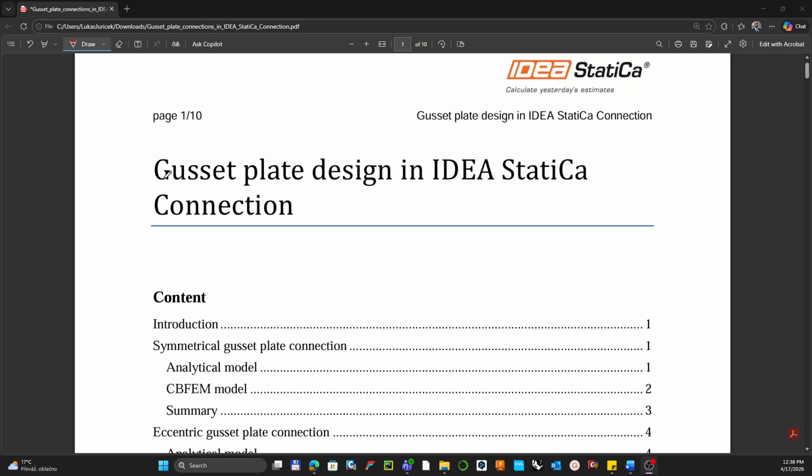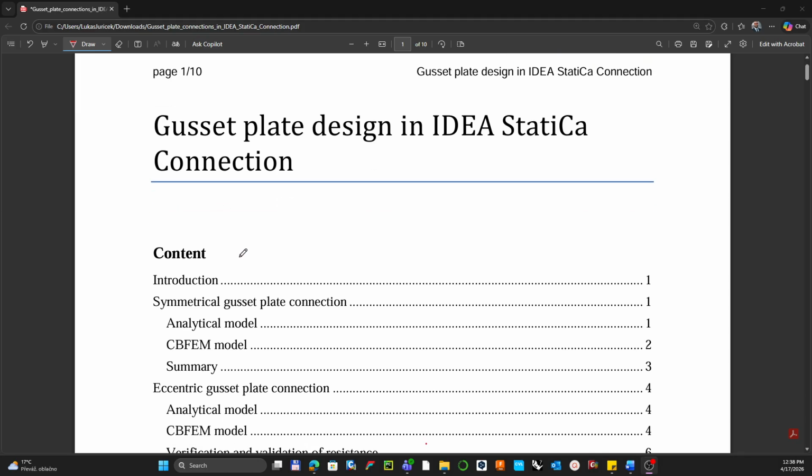Good afternoon. I want to discuss with you this gusset plate design in IDEA StatiCa Connection and answer all of your questions, focusing mostly on the model types. What are the discrepancies once you use one model type and a second model type, and when to use which? What is the essential behavior behind the model types?